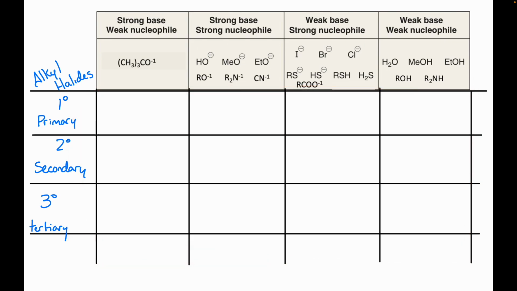All right, so 2 of these columns are kind of the most straightforward. All right, so let's think about it. If something is good at being a base, but a terrible nucleophile, what type of reaction would we expect to see? Substitution or elimination? Elimination.